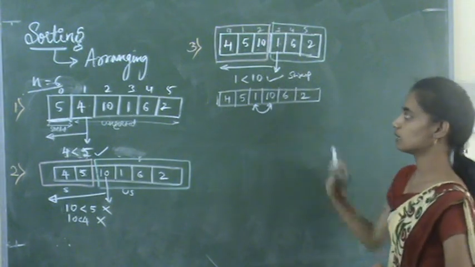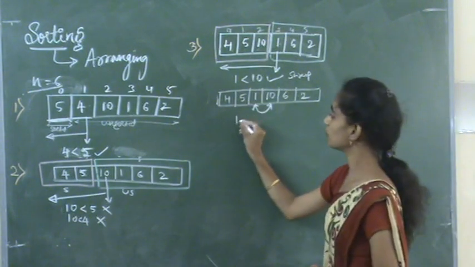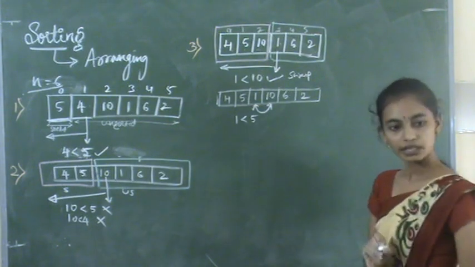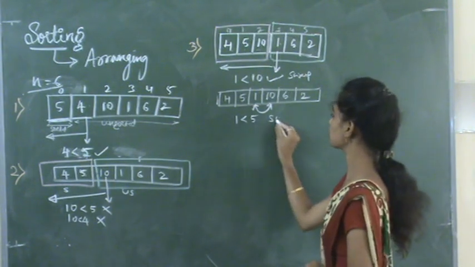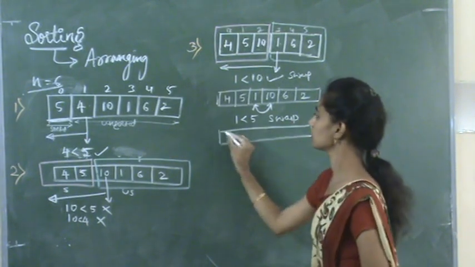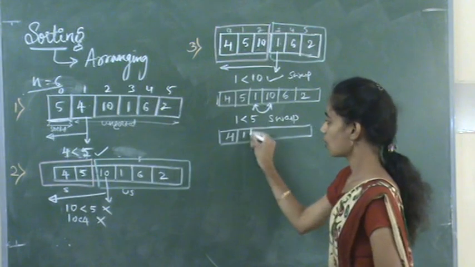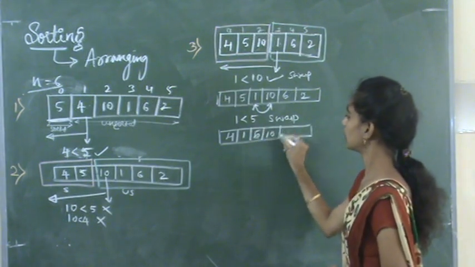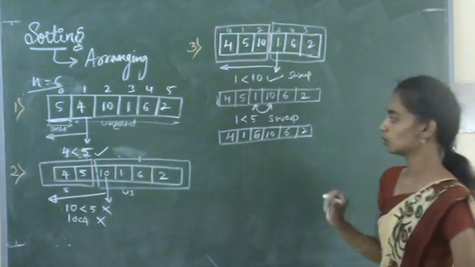Again we need to compare: 1 is less than 5, yes, true, so we have to swap. Now the array becomes 4, 1, 5, 10, 6, 2.